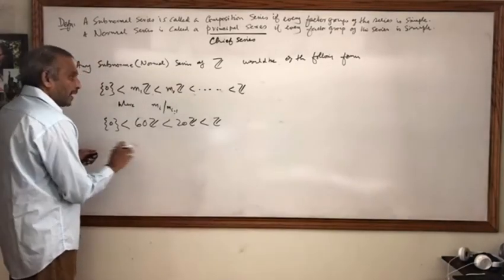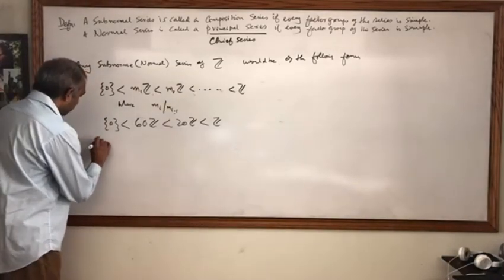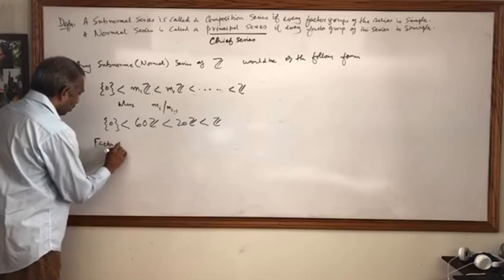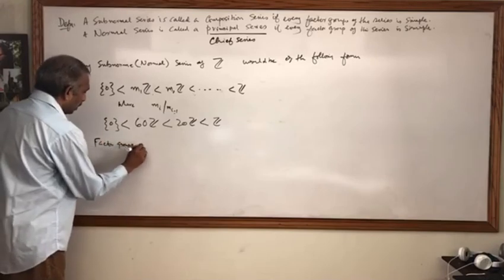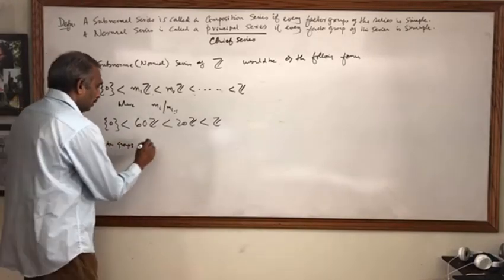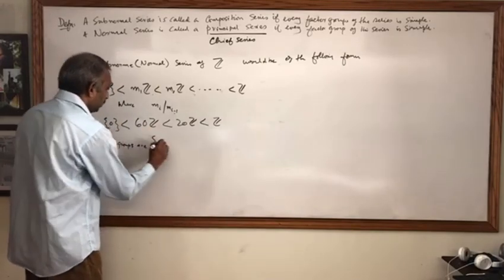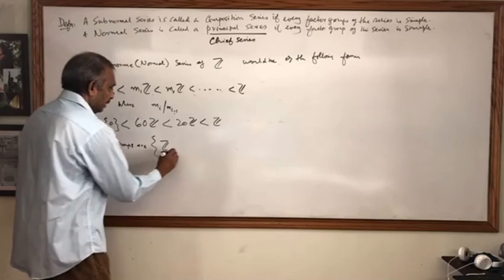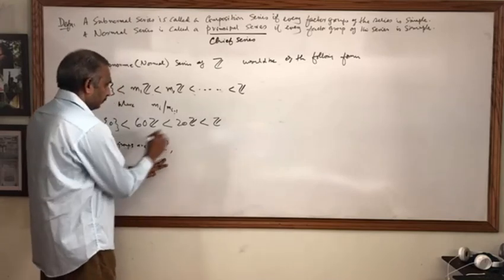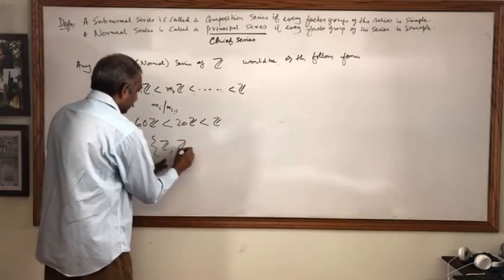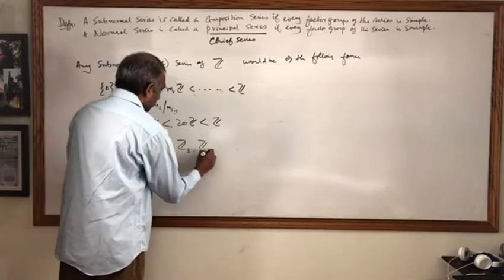So what are the factor groups here? This is actually 60Z over Z, which is isomorphic to Z. Then this is going to be Z3 and Z20.